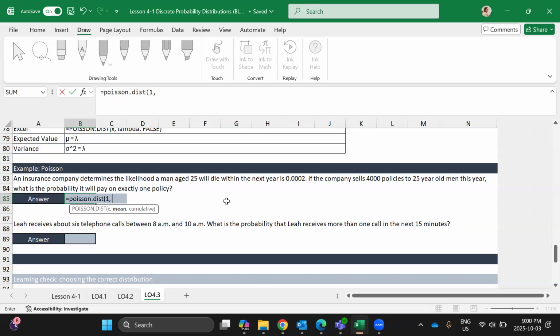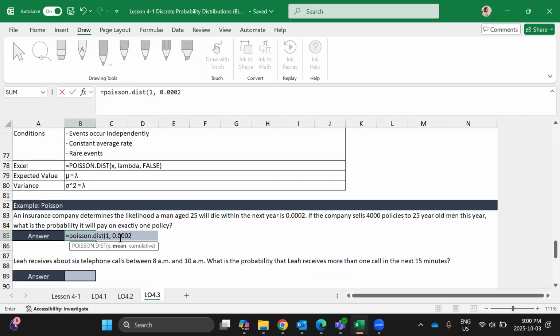The mean is that they have a chance of 0.0002 of dying, but we don't just have one person, we have 4,000. So to find the mean, or the lambda parameter, the average rate, you take the probability of dying in the question and multiply it by the 4,000 policies they're issuing to men.